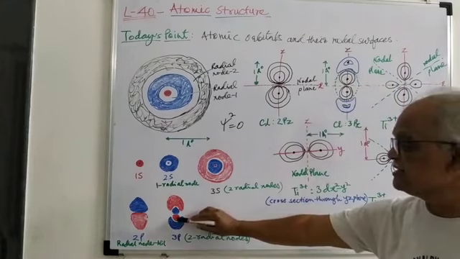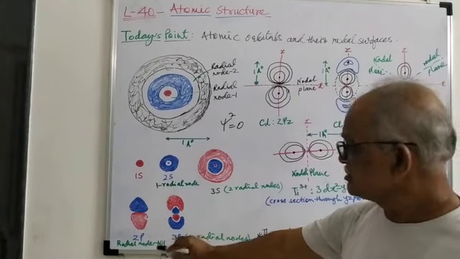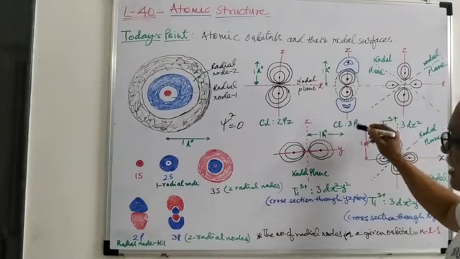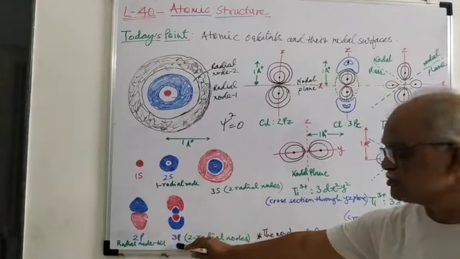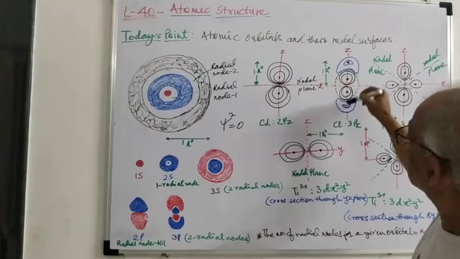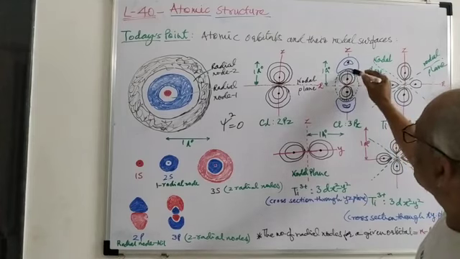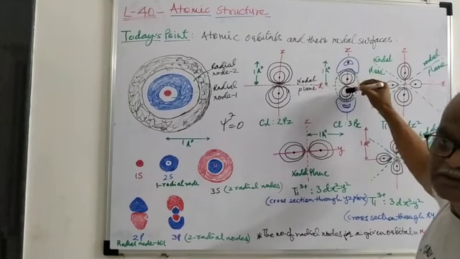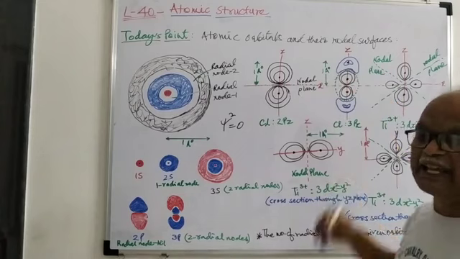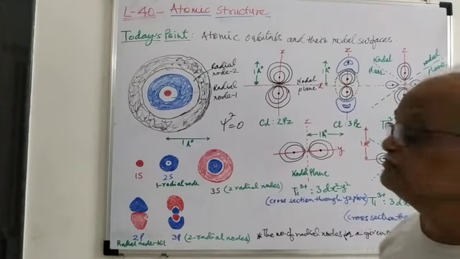So you will find that this inner 2p is here and the outer one, that is 3p, is also shown here. This 3p is shown in blue color. So there is a nodal region or surface in the circular form, or we can say in the spherical form.